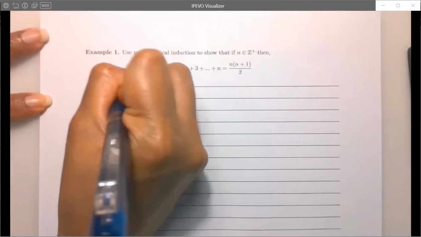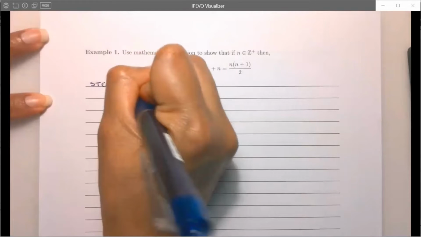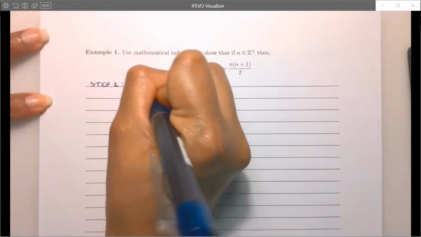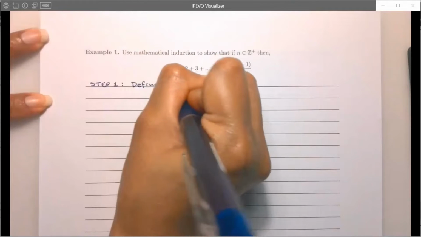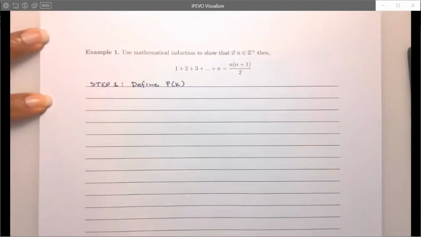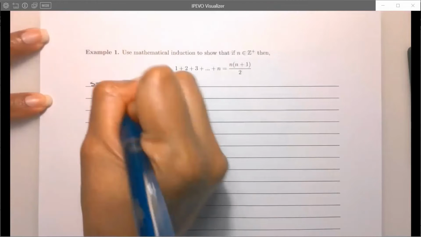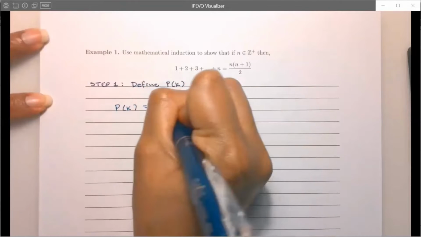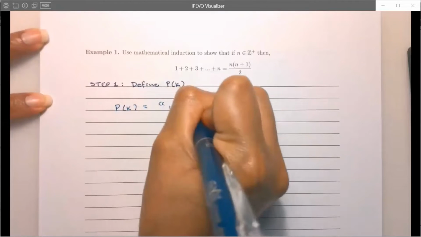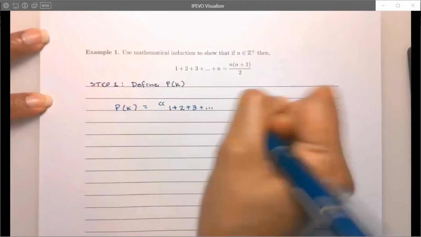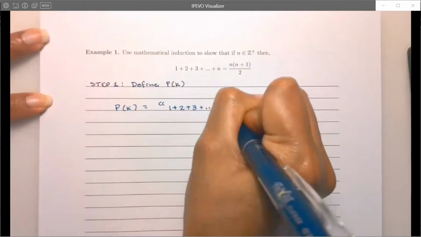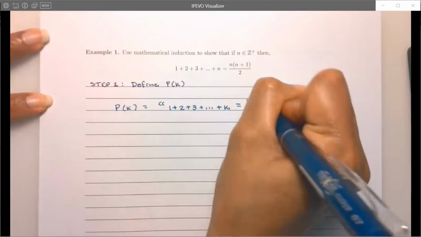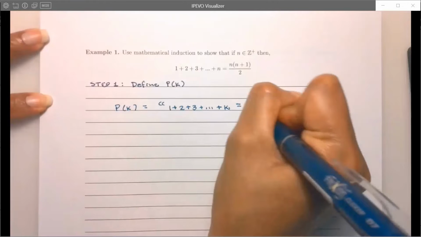Okay, so step 1, we're going to define P of K. In our case, P of K would be the statement that 1 plus 2 plus 3 plus all the way down to K will be equal to K times K plus 1 over 2.